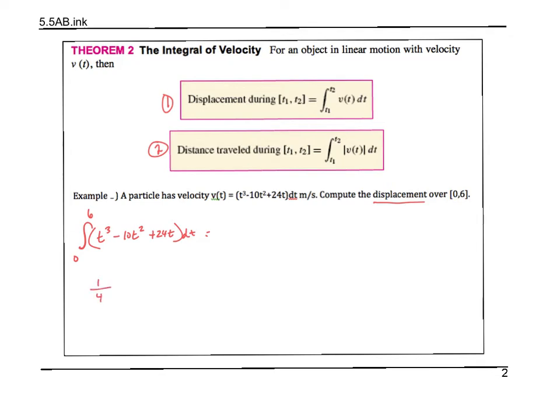It would be 1/4 t to the 4th minus 10/3 t cubed plus 12t squared, evaluating it from 0 to 6, right? So the 0 would be nothing, and the 6 you plug in and calculate, or you may Math 9 this. Either way, you'll get an answer of 36. And the unit would be meters.